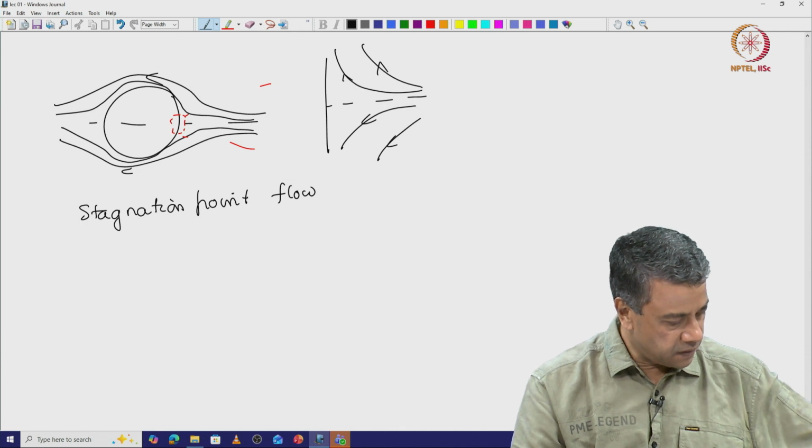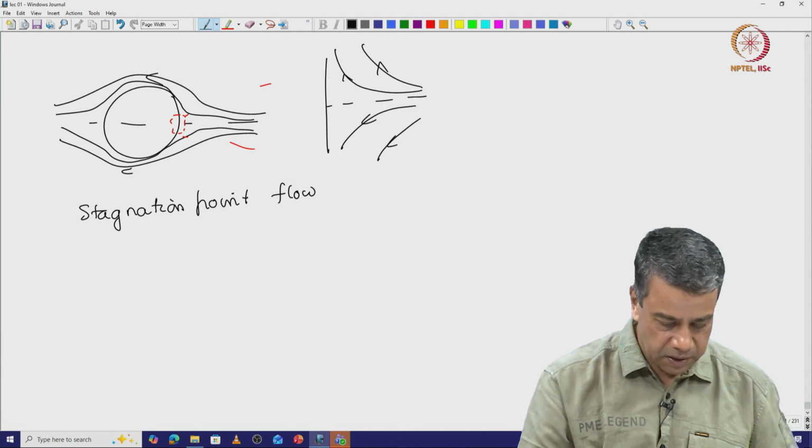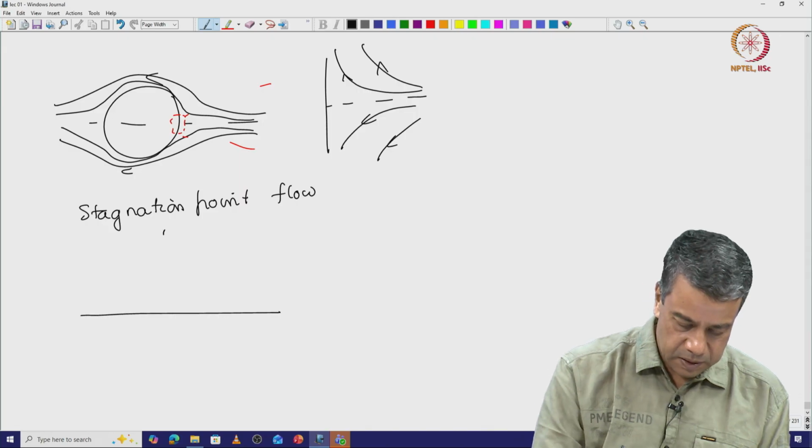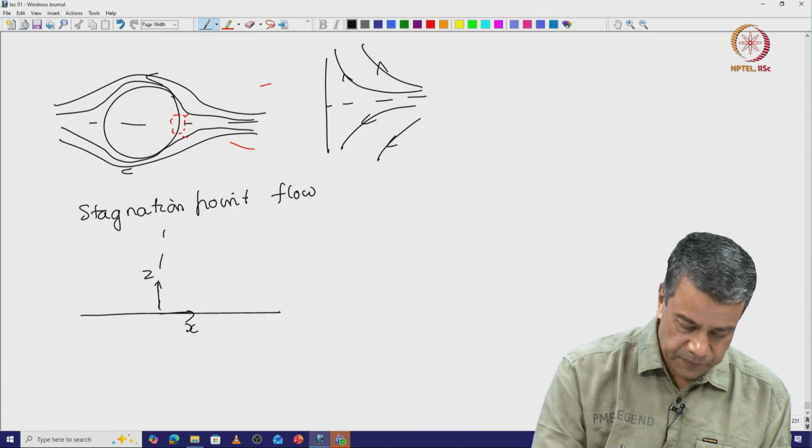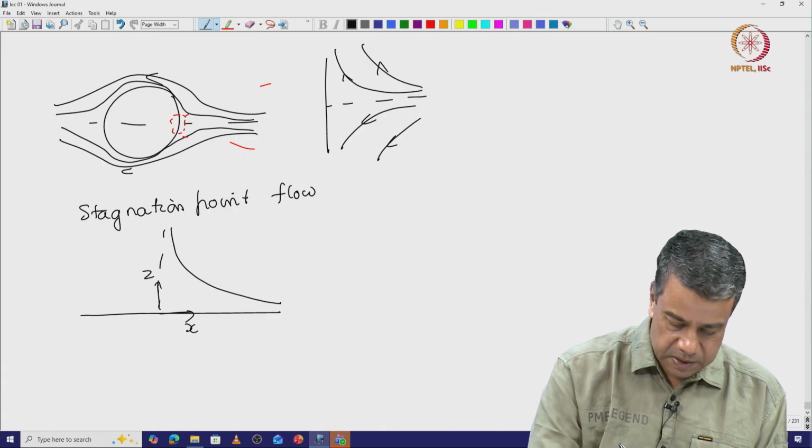To draw it slightly differently, if this is x and this is the z coordinate, the velocity comes like this.